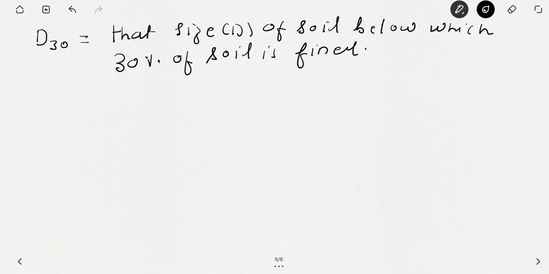Okay, that diameter below which 30% of soil is finer is represented as D30. Okay, and among D30, D60 and D10, D10 is the effective diameter of soil.